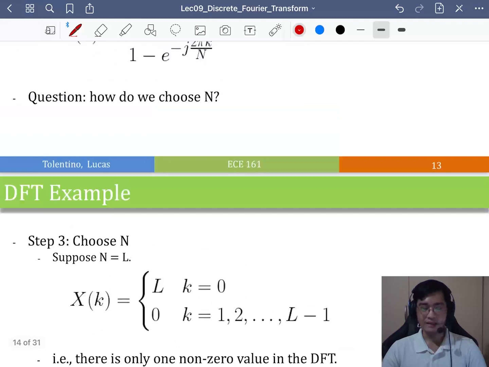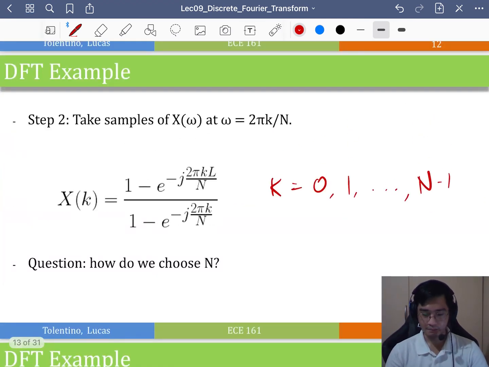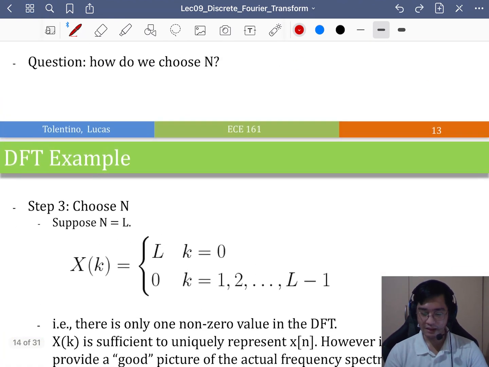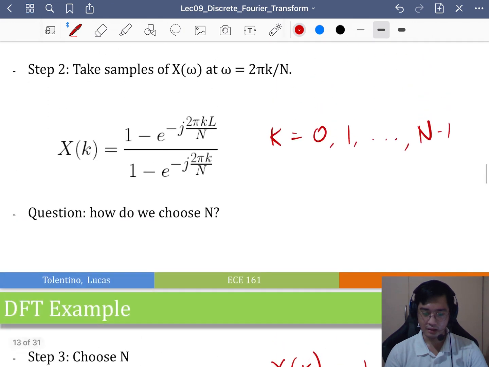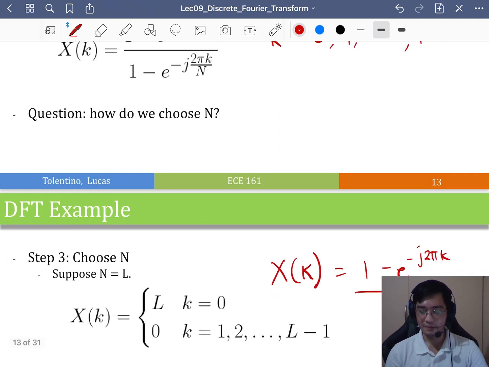Suppose that N is exactly the length of the signal L. So if N is equal to L, we have X of k equal to 1 minus e to the minus j 2 pi k 10 over 10, divided by 1 minus e to the minus j 2 pi k over 10.